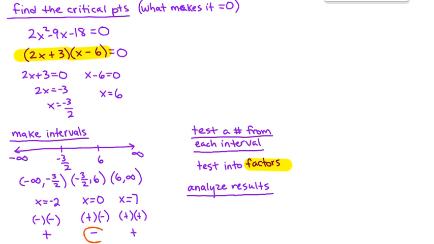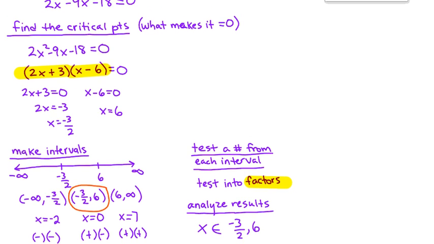That's less than 0. So this interval it corresponds to is our answer. So our answer is x is an element of the interval from -3/2 to 6.